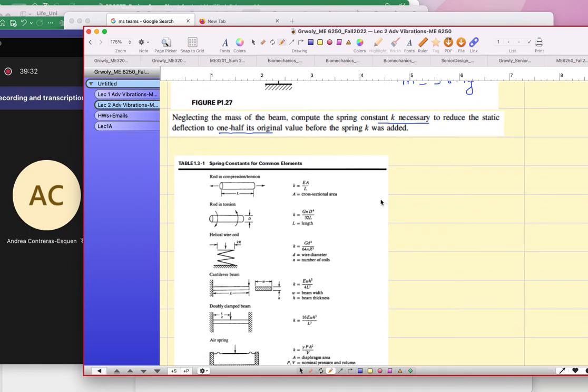For a simply supported beam, the stiffness of the beam is 4Ewh cubed over l cubed. I will add one more table, probably not now.